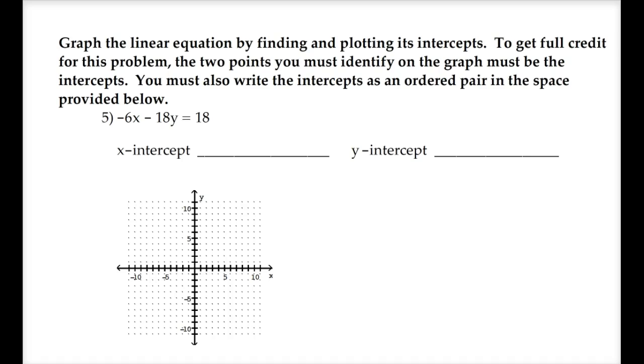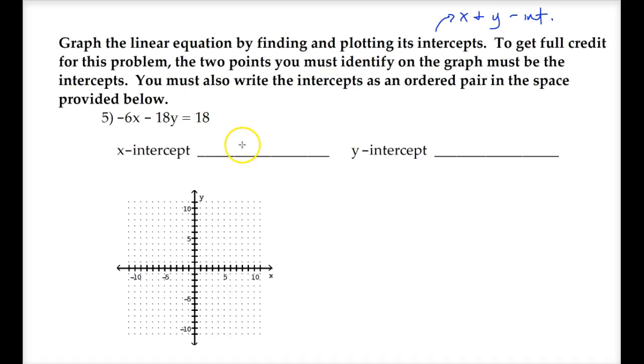Okay, so for this question, we're asked to graph the linear equation that's given to us, which is negative 6x minus 18y equals 18. So we want to graph that linear equation by finding and plotting its intercepts, and what we mean by that is the x and y intercepts. To get full credit for the problem, the 2 points you must identify on the graph must be intercepts.